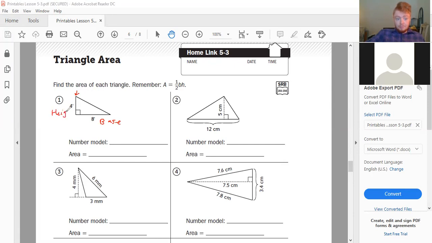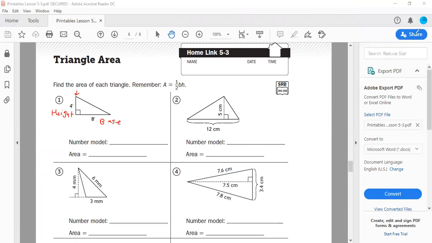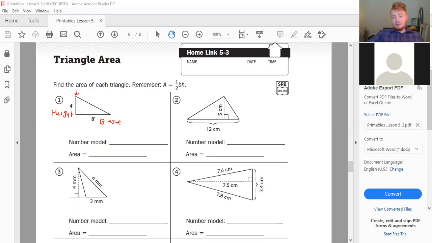Okay, so based on our base times height, what number do we get? Anybody would like to raise their hand? Siwan. 32. Sorry, my volume's down. You said 32? Yeah. Okay, that is correct. Now remember, because it's a triangle, we now have to either times it by 1/2, which for some of you maybe is easier, or just divide it by 2, which I think is easier, but both of them are the same.